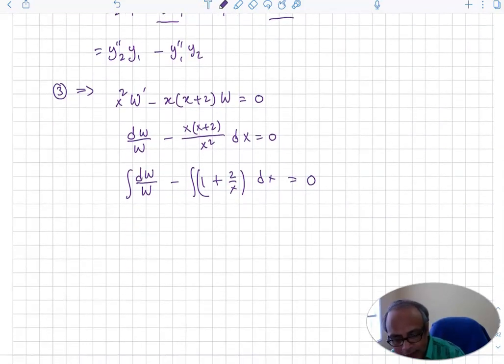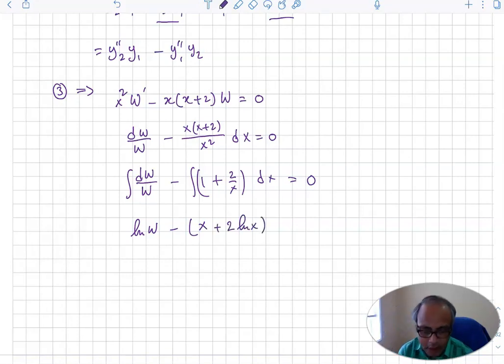So this integration is not difficult. You get ln of W minus, here you get x plus 2 ln of x, and on the right hand side you have a constant. It doesn't matter which constant, say c1. If you manipulate the left hand side, you can see that negative 2 ln of x becomes ln of x to the power negative 2.